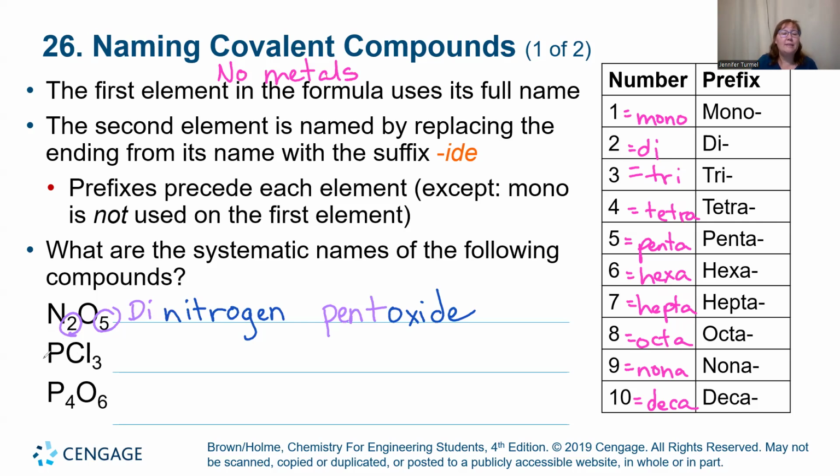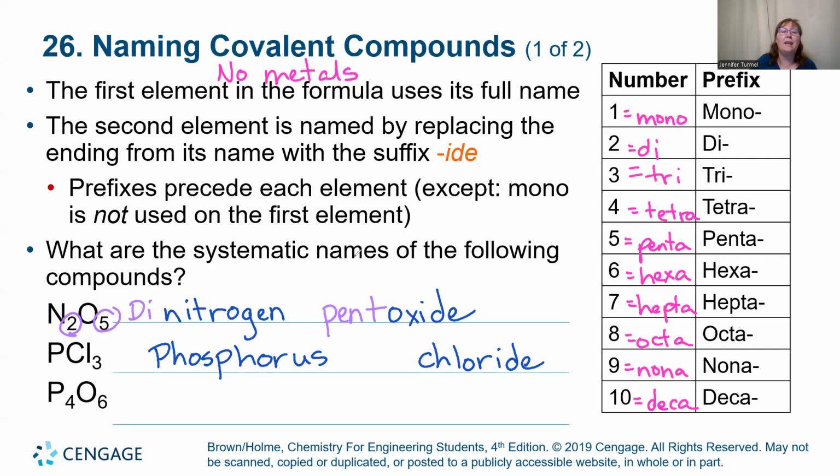Now on the second one, we see a P, and that's phosphorus. And then the Cl is chlorine, which becomes chloride. Now, if this were somewhere else, it would be monophosphorus, but we don't use mono on the first one.